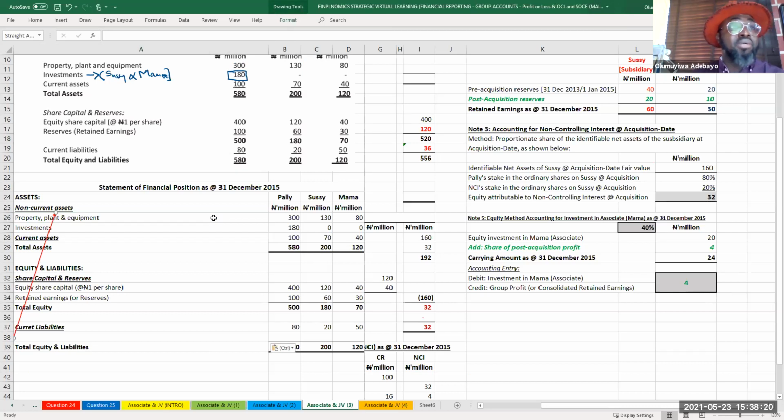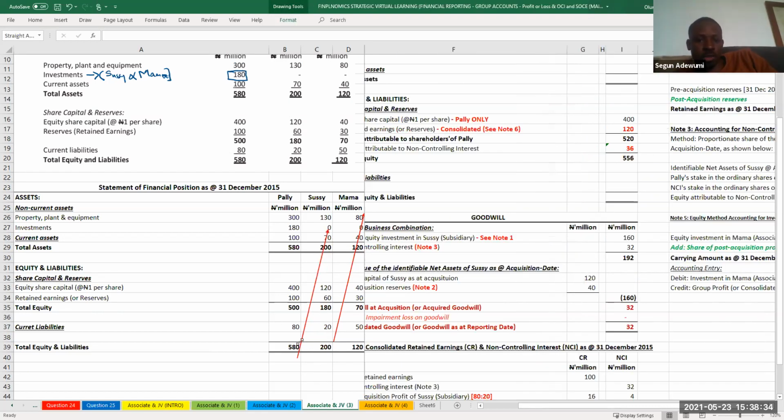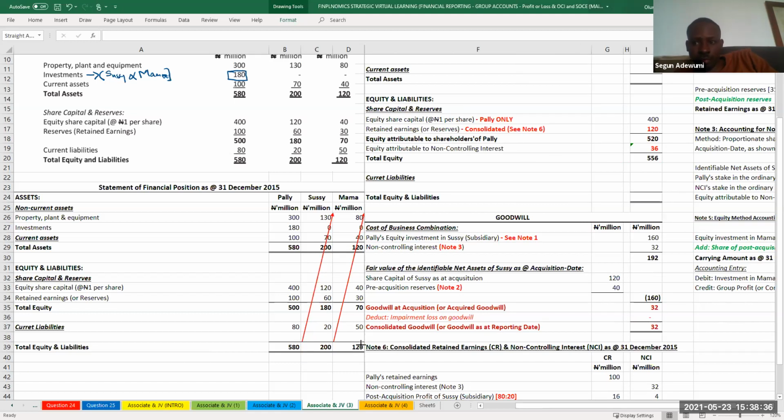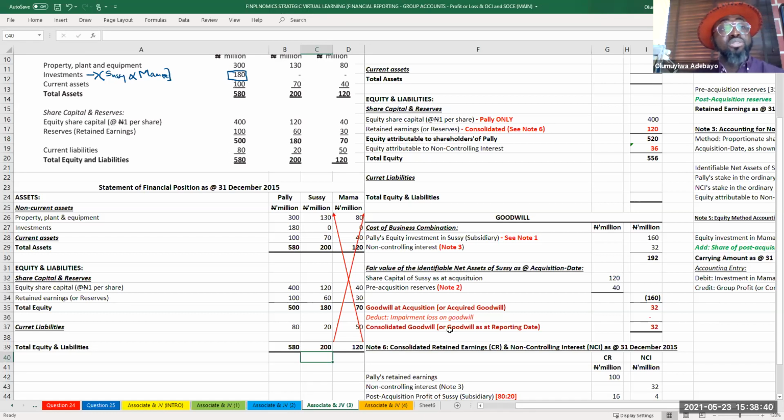Who can tell me why Mama will not be consolidated? Therefore, I put this arrow to signify that I want to cancel it out. It's because we don't have control over Mama. Pali does not have control over Mama. Yes, you only account for your own equity stake in Mama, which is what we are trying to do.